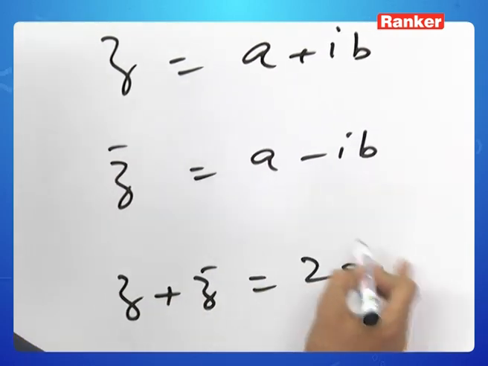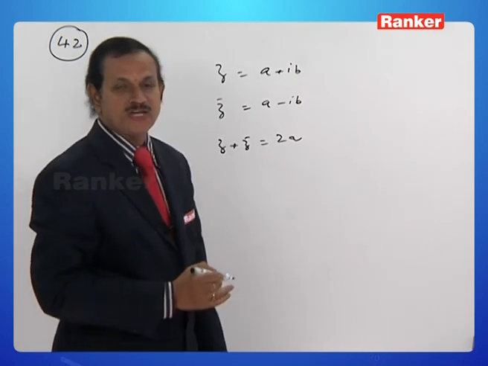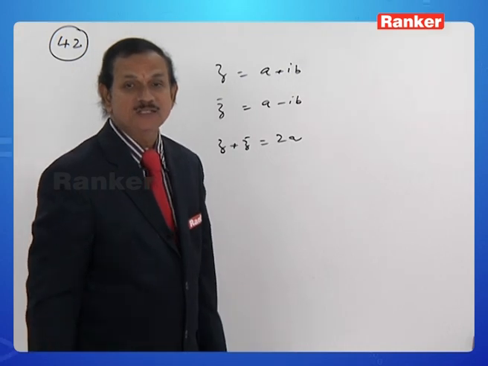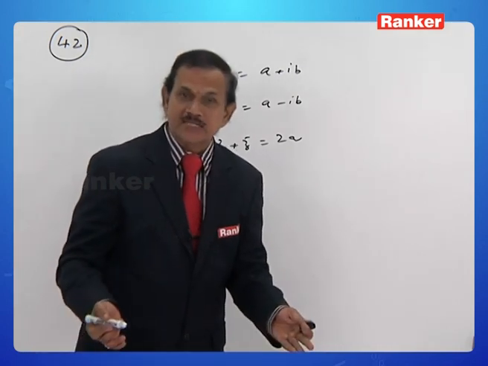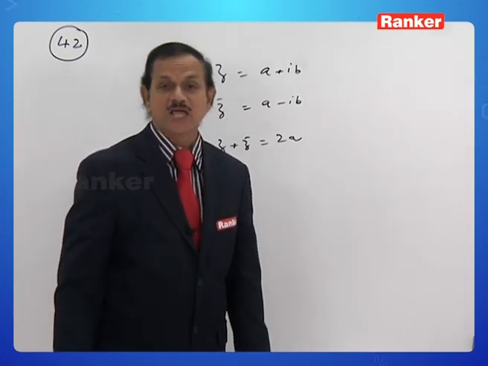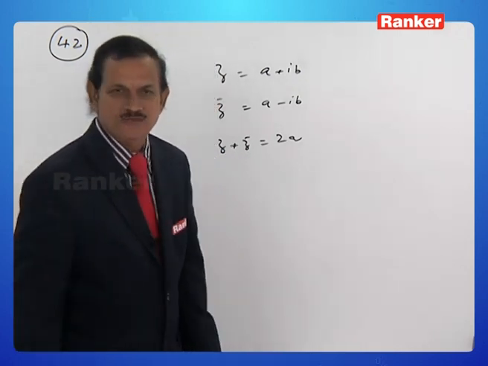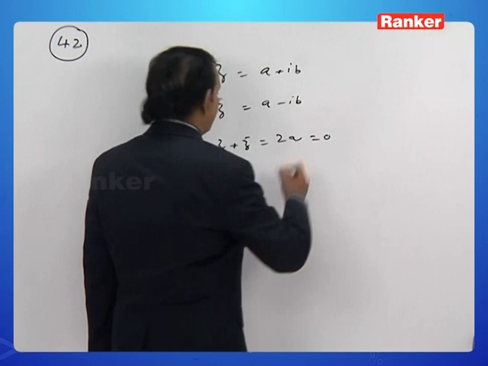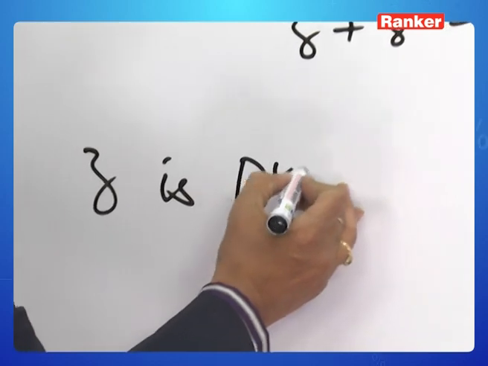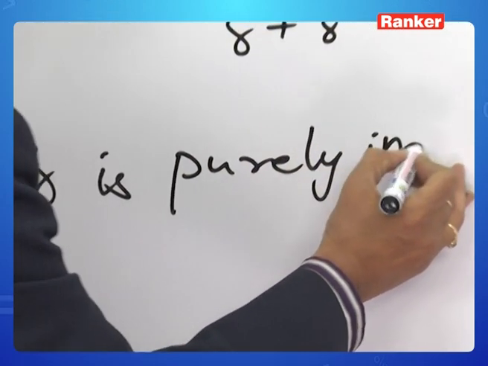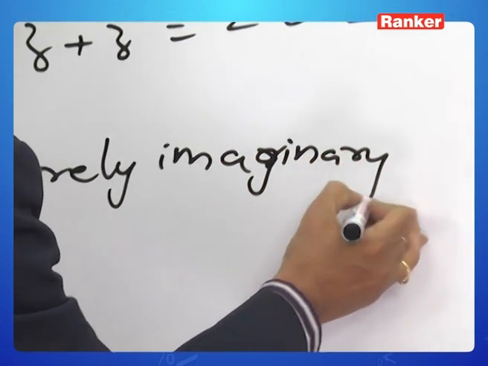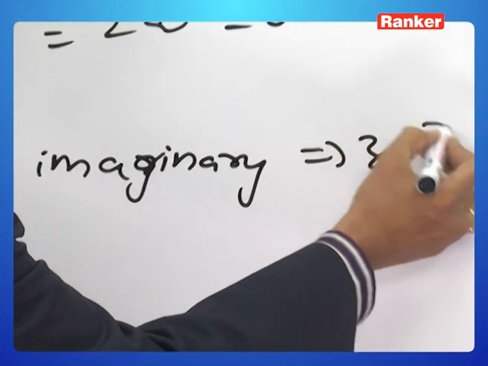Then what is Z plus Z bar? It is 2A. If Z is purely imaginary, then A must be 0, because it shouldn't contain any real part. That is, the real part of Z must be 0. Therefore, we can say that Z is purely imaginary implies Z plus Z bar is equal to 0.